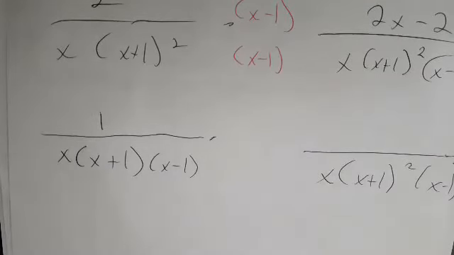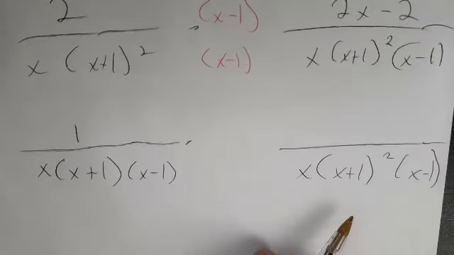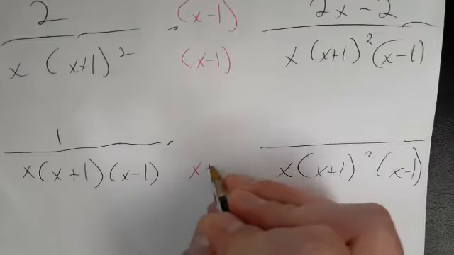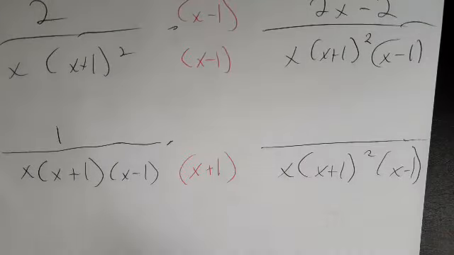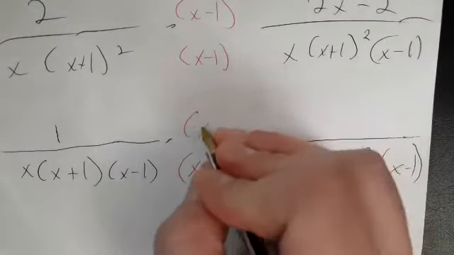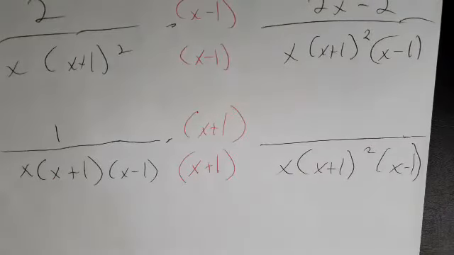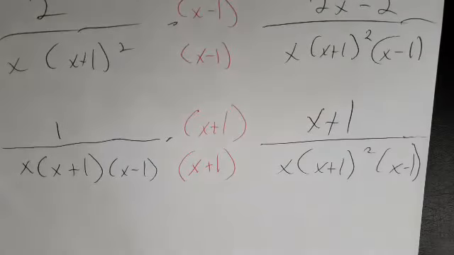And if I'm looking along here, I have my x here. I have an x plus 1. I need to make it an x plus 1 squared. So I need one more x plus 1. My x minus 1 is there. And if I'm looking at this, this is an x plus 1 times 1 is an x plus 1.